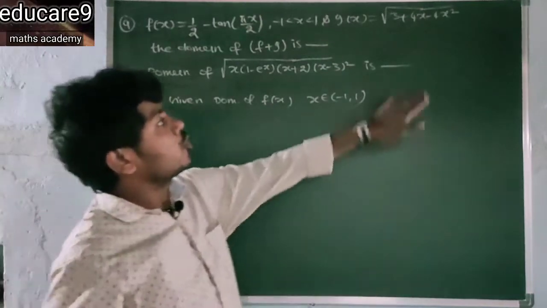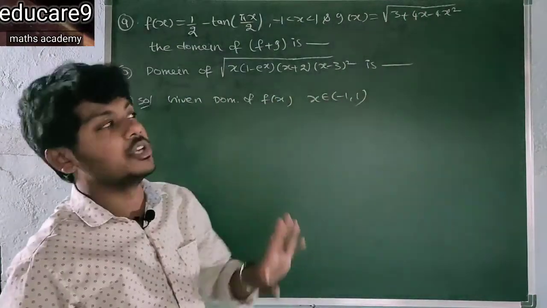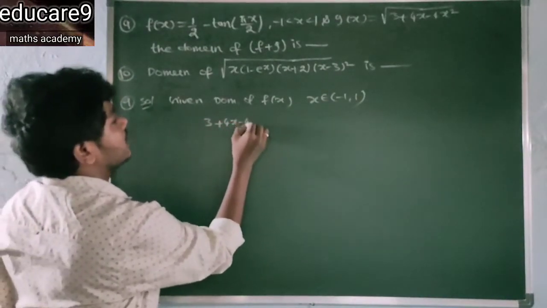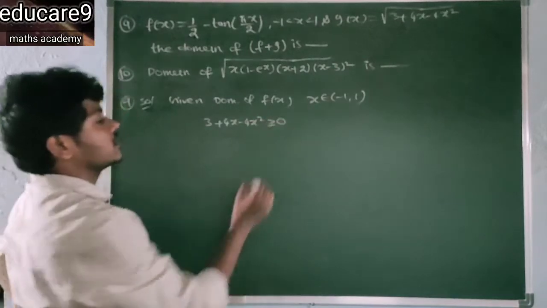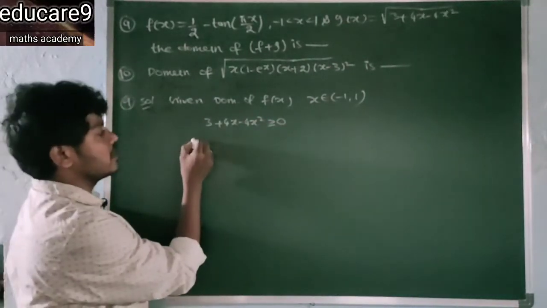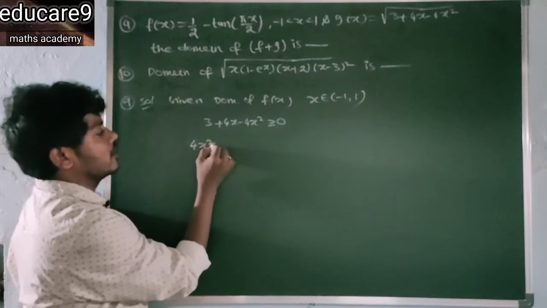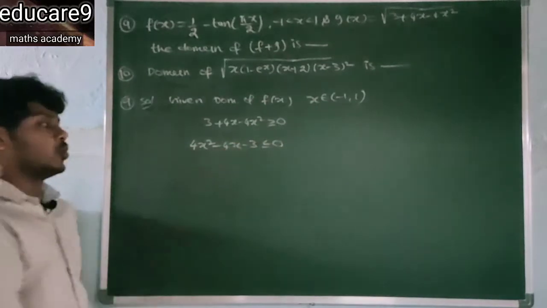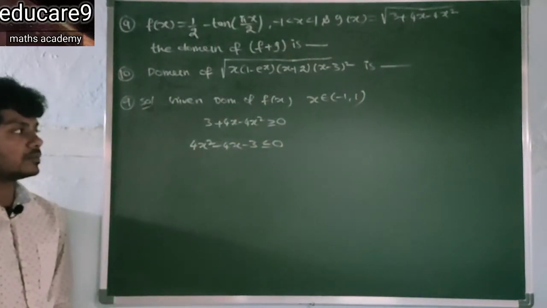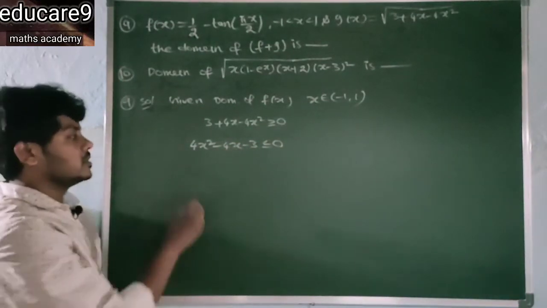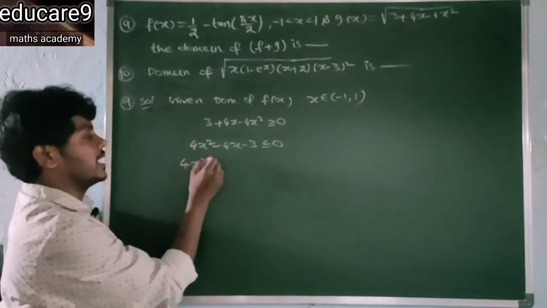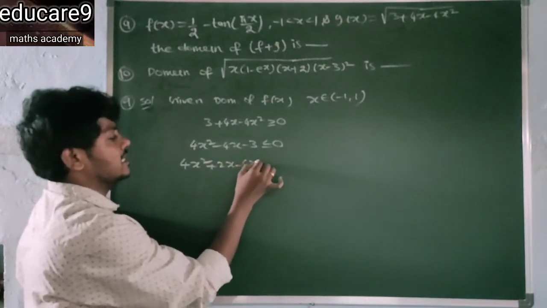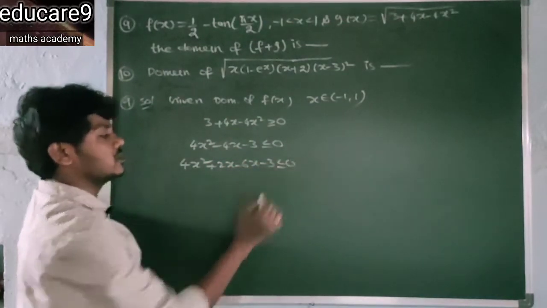So clearly root values are always greater than or equal to 0. That is, 3 plus 4x minus 4x square is greater than or equal to 0. And from this, 4x square minus 4x minus 3 is less than or equal to 0. Now, what are the factors here? 4x square plus 2x minus 6x minus 3 is less than or equal to 0.